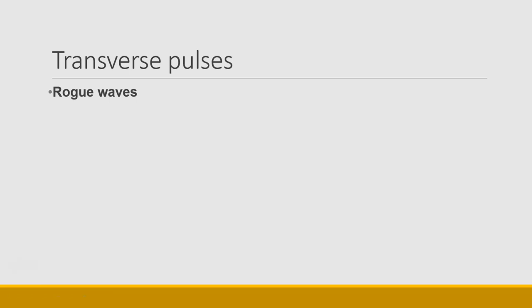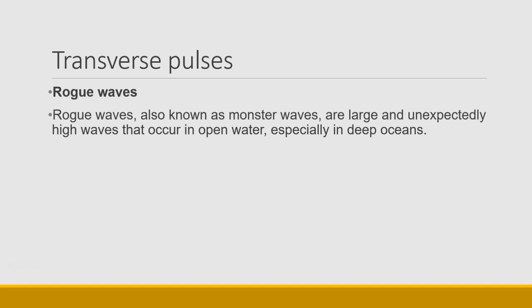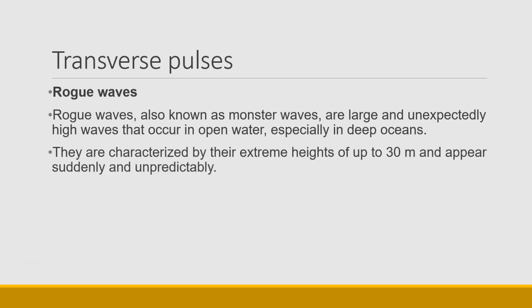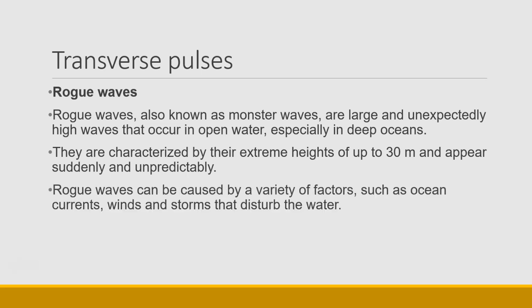The last thing we need to discuss is rogue waves. Rogue waves are also known as monster waves, and they are large and unexpectedly high waves that occur in open water, and they have been seen especially regularly in deep oceans. They have extreme heights of up to 30 meters, and they appear suddenly and unpredictably.